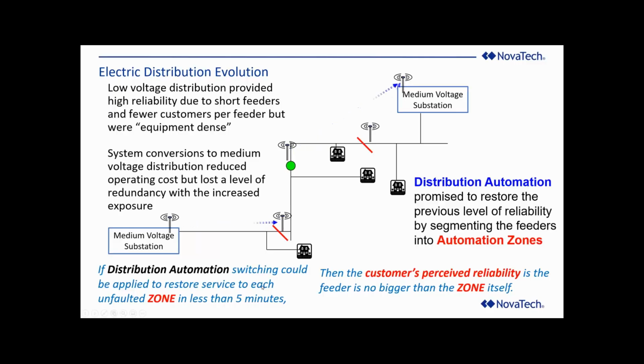So with distribution automation added, the customer's perceived reliability is that the feeder they are served from is no bigger than the zone they are attached to. By design, you are trying to get that zone to roughly the same reliability as the lower voltage feeder.